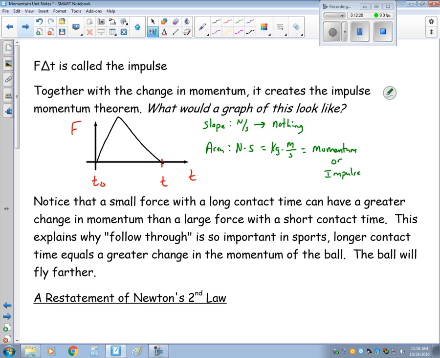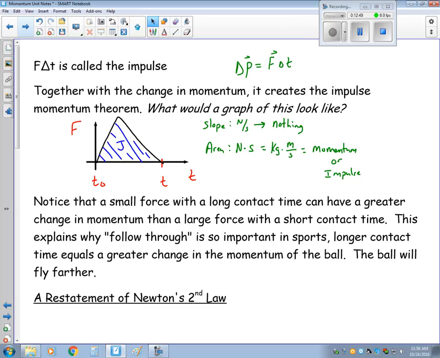Because remember, the change in momentum equals force delta t. So momentum and impulse have the same unit, a kilogram meter per second, or a newton times a second. So the area between the line and that axis gives us the impulse.